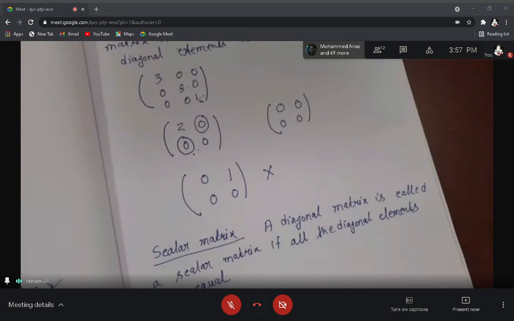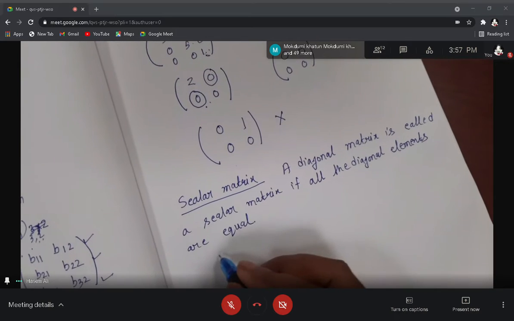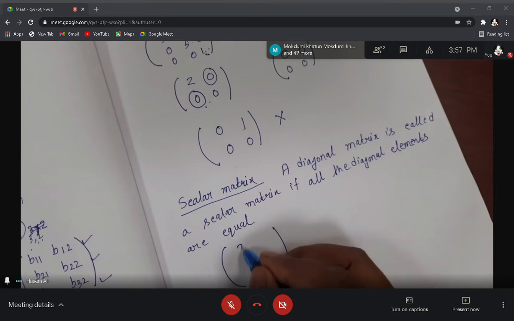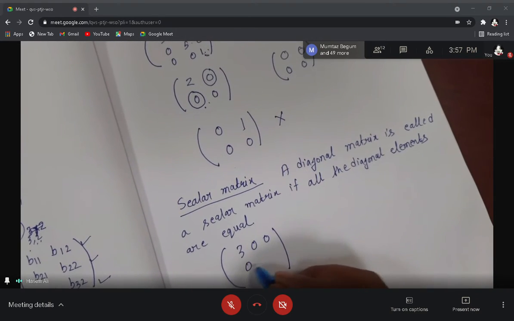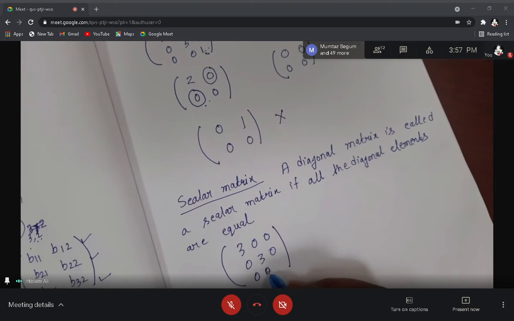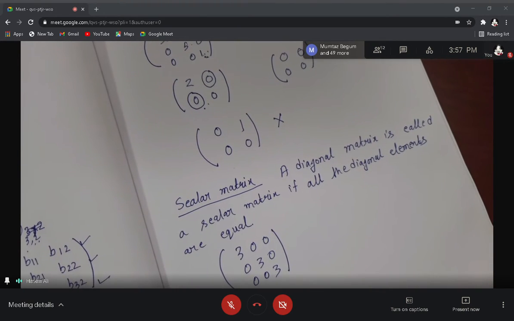For example, let 3 0 0, 0 3 0, and 0 0 3. This is an example of a scalar matrix.